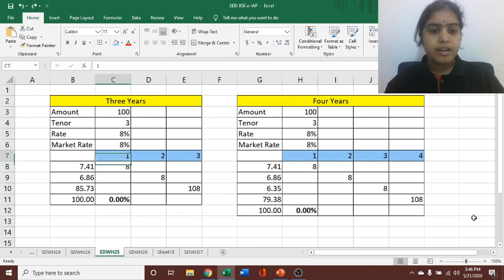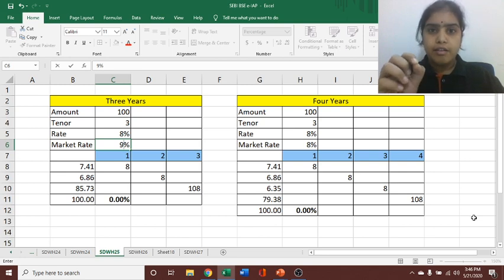If interest rate is increasing, because interest rate will be in the denominator while calculating the present value, if the denominator is increasing, definitely the answer will be lesser. If you have already invested in a bond paper of 8%, and if the market rate is 9% nowadays, you will feel sad that if you had not invested at 8%, you would still get an opportunity to invest at 9%.